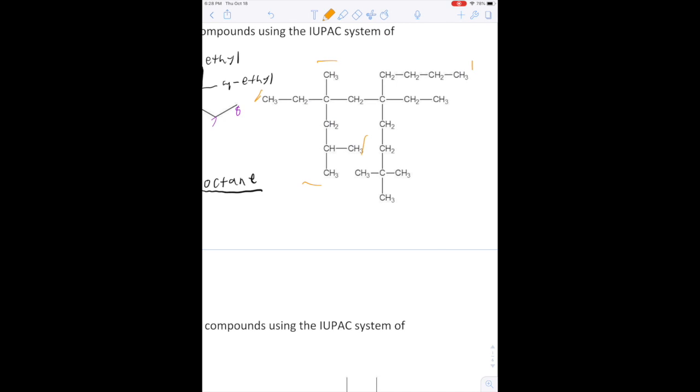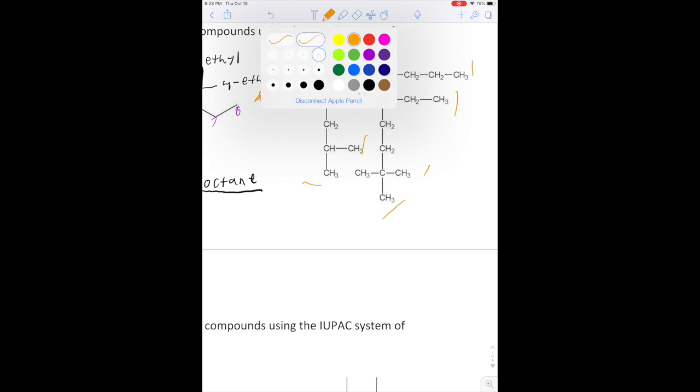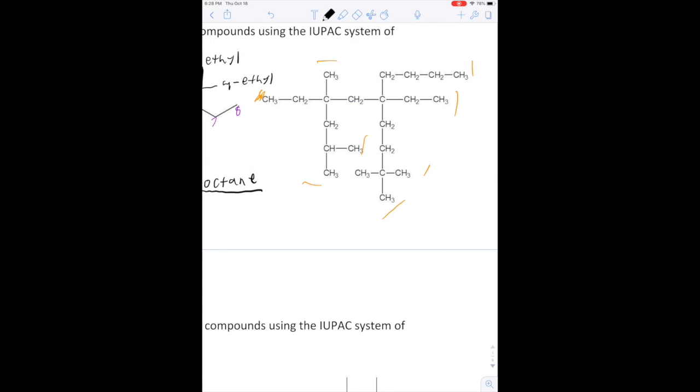These are the possible places I can start numbering this problem. My question is, where should I start? Should I start numbering this from this chain here, from this chain here, or this chain? Well, let's give it a shot. Off the bat, I already have a generalized idea of where I should start numbering. But for you guys, I'm going to start off with the middle chain.